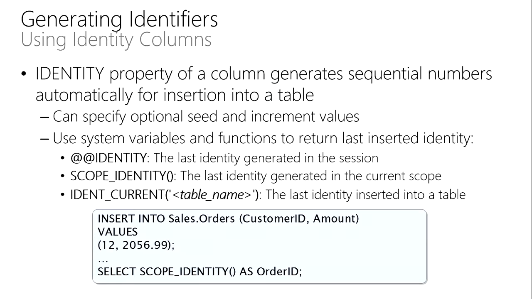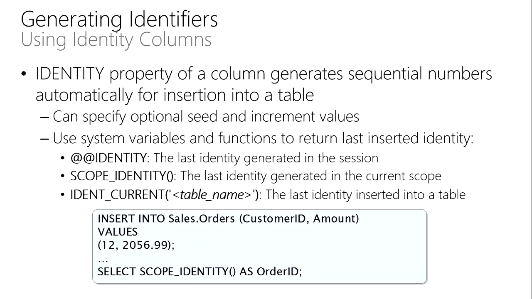You kind of have to be careful though, because if you insert an order and that order includes order details, which you then subsequently insert, and those have identity columns as well, then actually the last identity that you inserted will be the last of the order details. It won't be the order number. It's the last identity on any tables. Yeah, it's the last identity that was created in this connection.